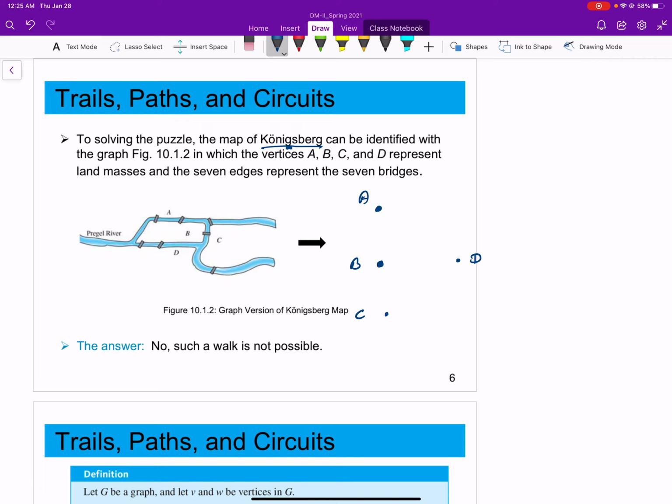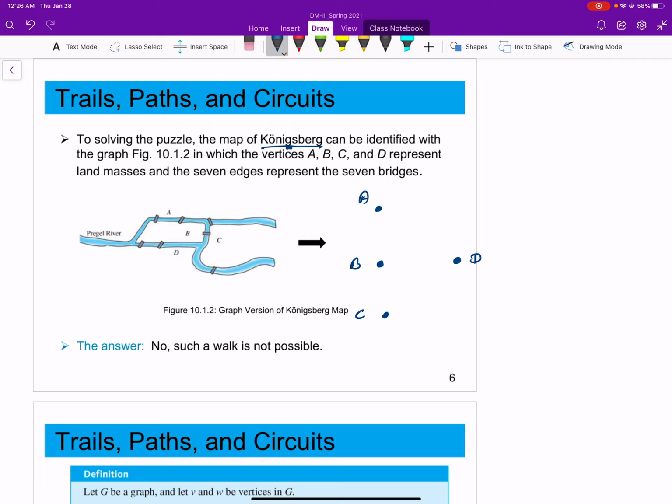Those 4 land masses are marked with vertices. All right, now if there's a bridge between 2 land masses, then you have to mark an edge, which is given here.